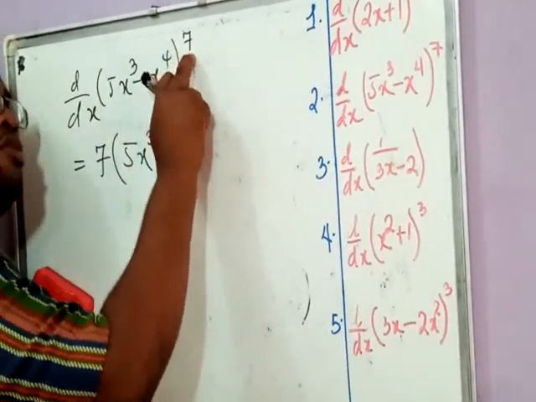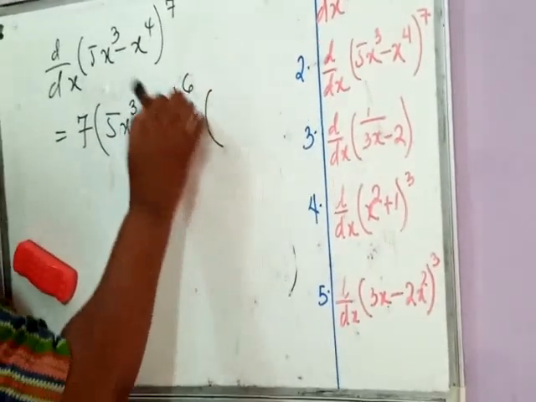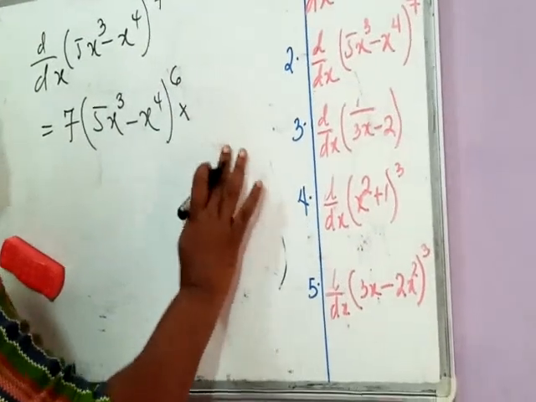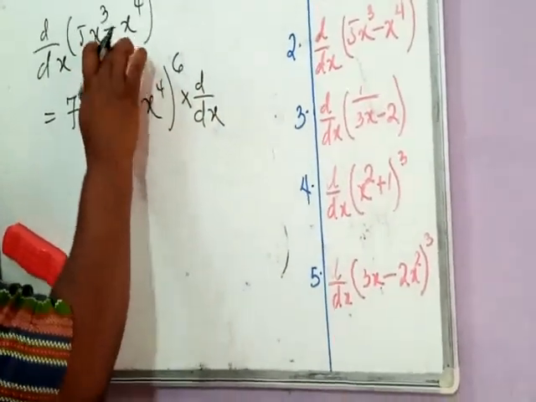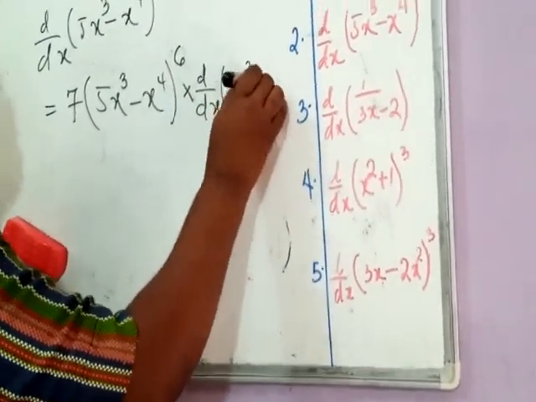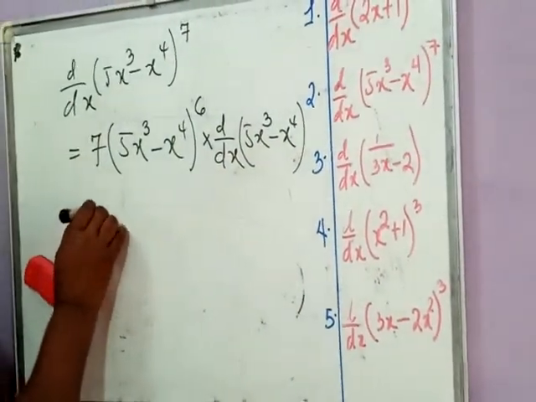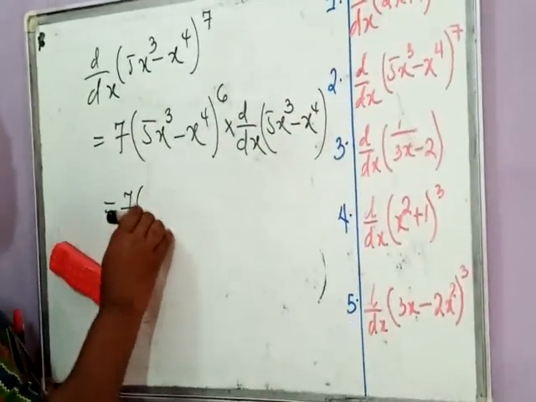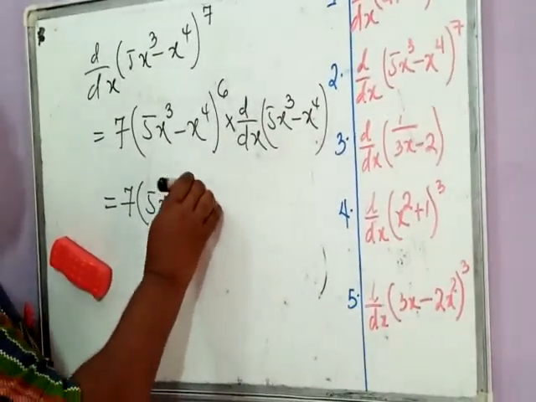Then 7 minus 1 simply gives me 6. Then all this is multiplied by the derivative with respect to x of 5x cubed minus x to the power 4. This becomes 7 times 5x cubed minus x to the power 4, all to the power 6.